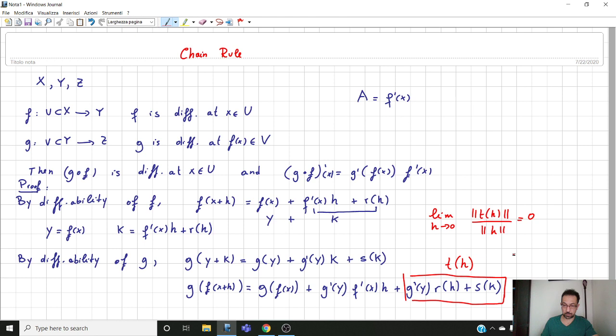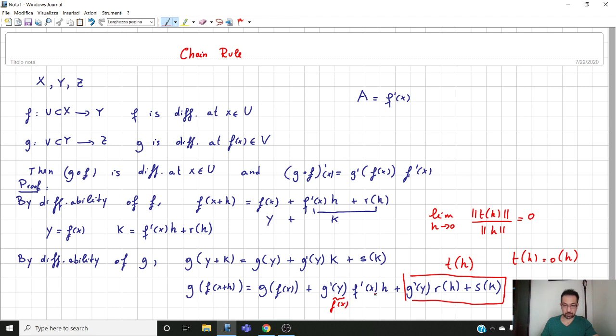Okay, so we want to prove practically that t of h is equal to small o of h. And this will prove that g of f of x is differentiable at the point x, and that the derivative is equal to g prime of f of x, because this y, remember, is f of x here, right?